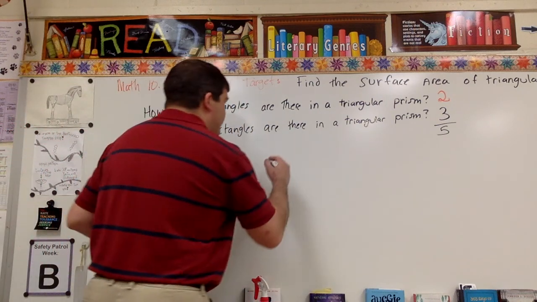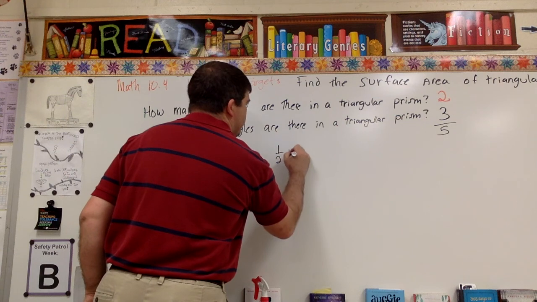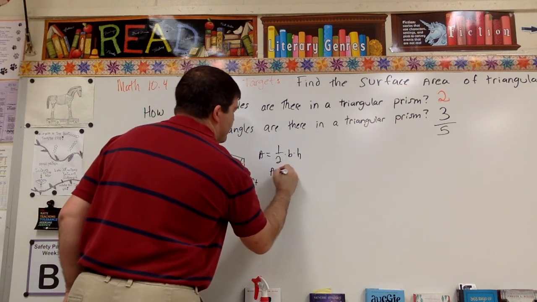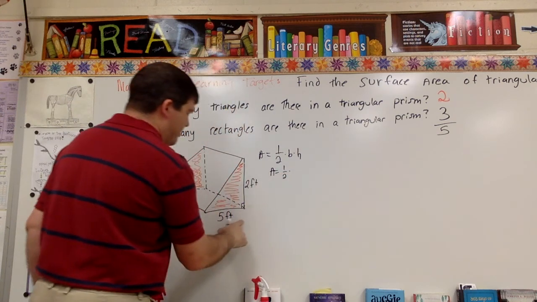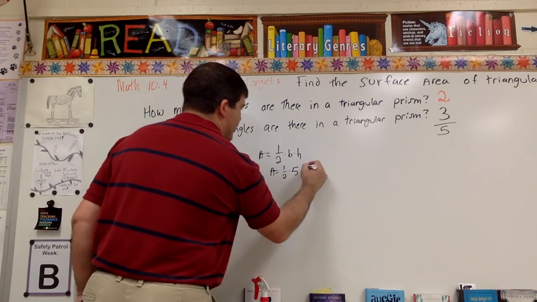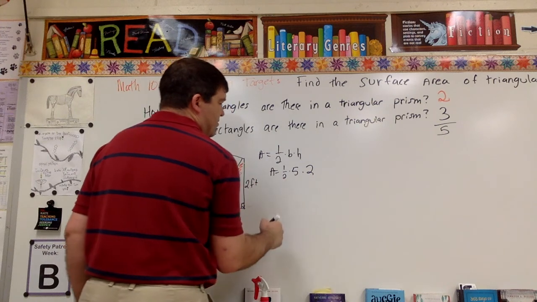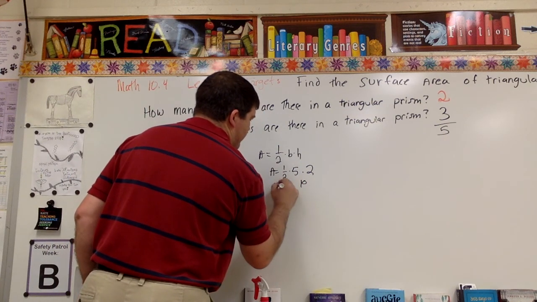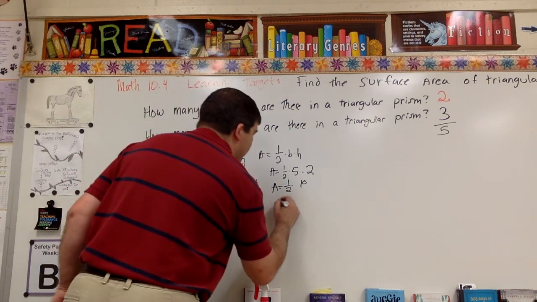We know that the area of a triangle is 1/2 times base times height. So area equals 1/2 times my base is 5 times my height is 2. 5 times 2 is 10. 1/2 of 10 is 5.